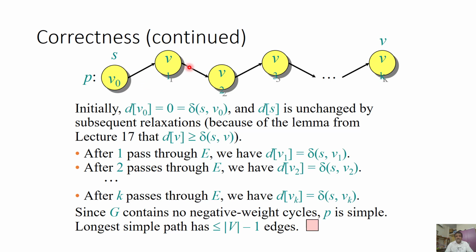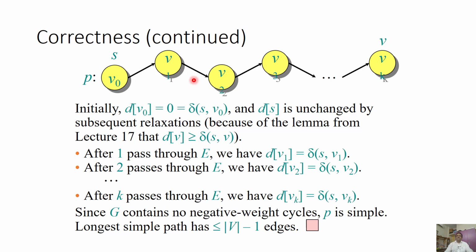Now, for every i we will see this is slowly done, because this is an edge, we do not know the ordering, when this edge will come, but for i is equal to 1 this edge will come at some point of time. So, once this edge comes in the first pass, then this will be done. So, d of v1 will be delta of s comma v1, and once this is done, then in i is equal to 2 the next edge will come, and once this is done, then this will be done for the i is equal to 2 pass.